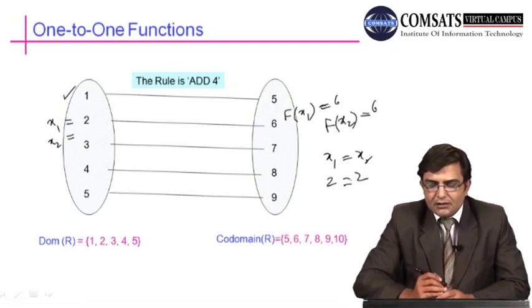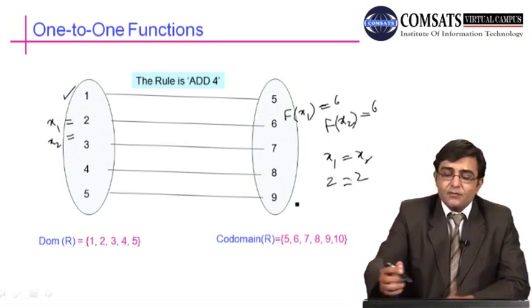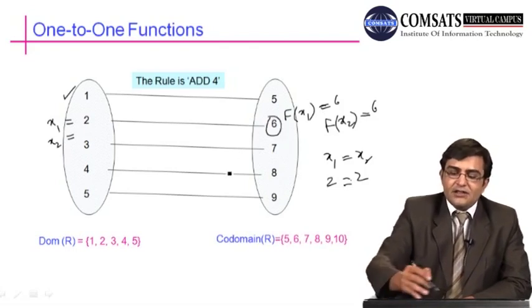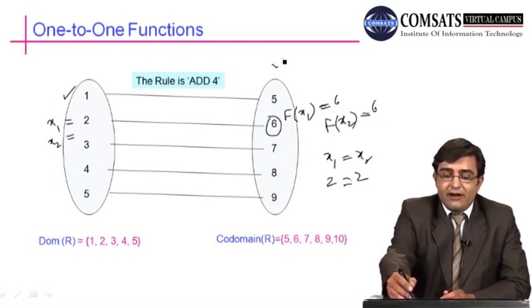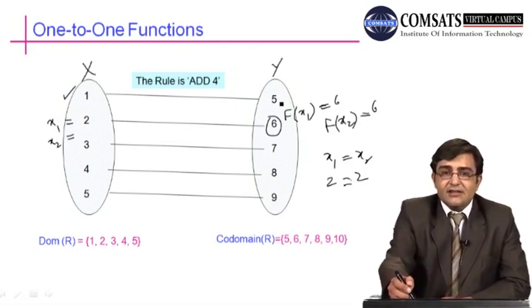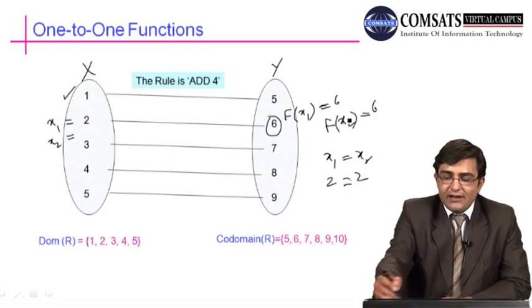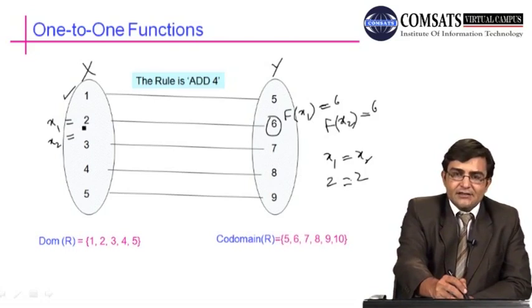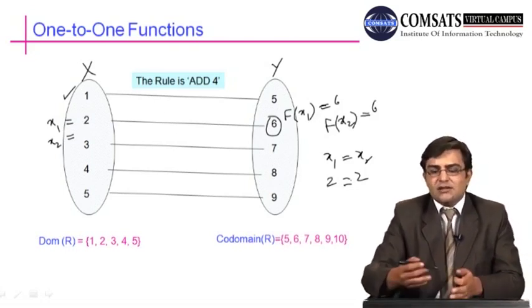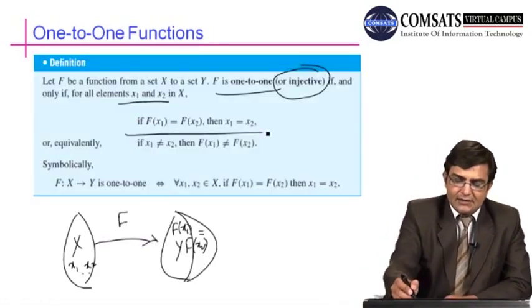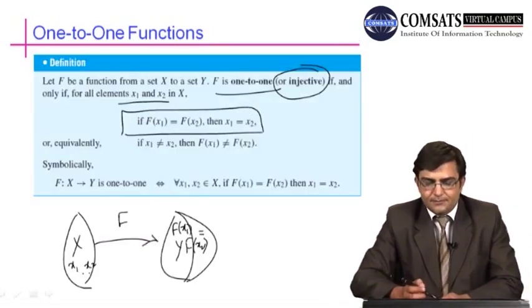If you concentrate on this definition, it means that for an element in the set y, there is only one element in x; for an image there is only one pre-image. This is what this statement says.